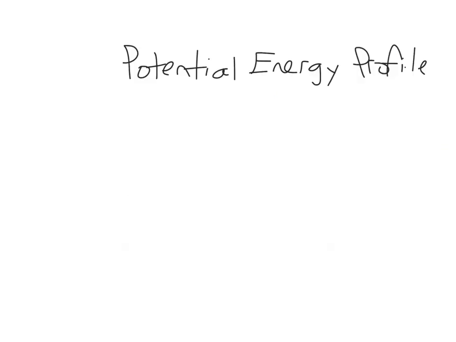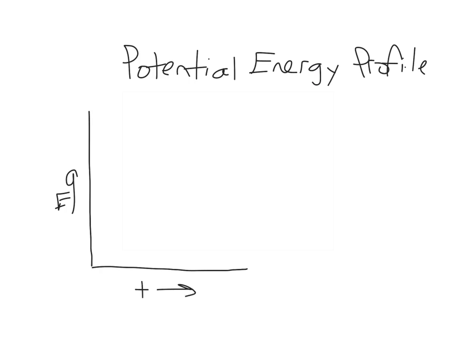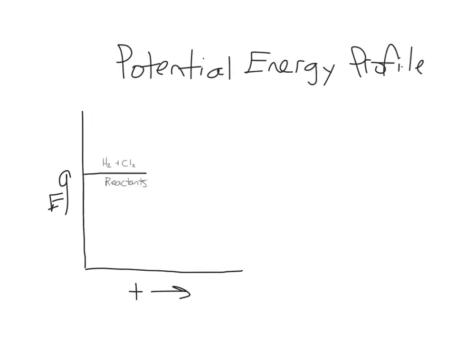Now let's take a look at the same chemical reaction that we looked at on the last slide, but also factor in something called the potential energy profile. The potential energy profile is a graph that shows the energy increasing on the vertical axis and time increasing along the horizontal. It starts out with the reactants at some arbitrary energy along the vertical axis.